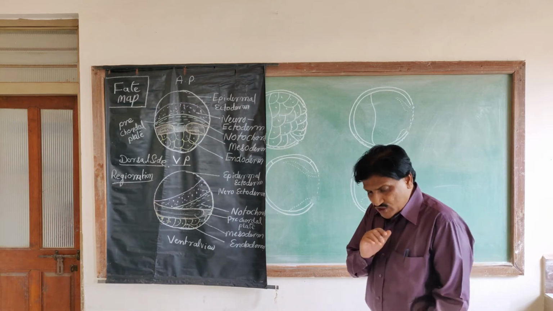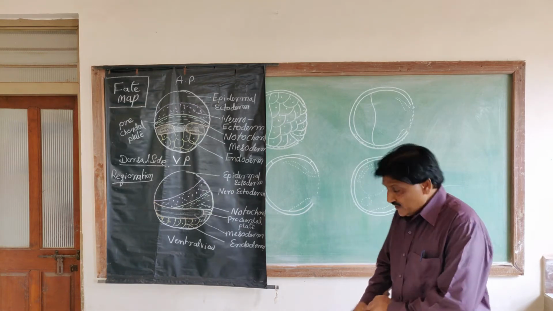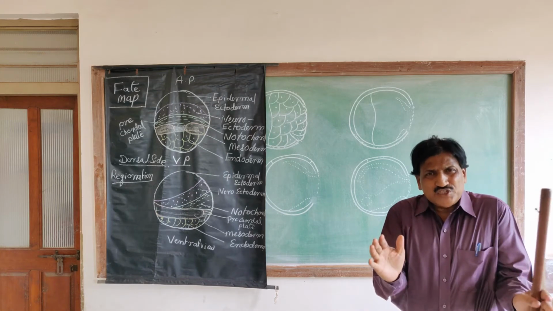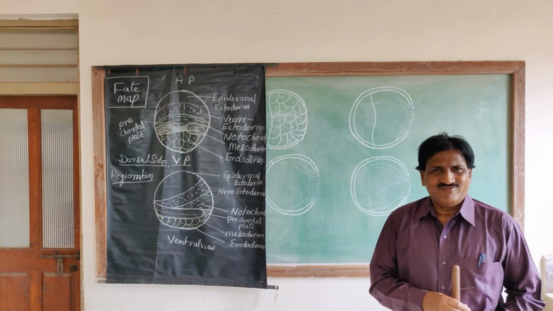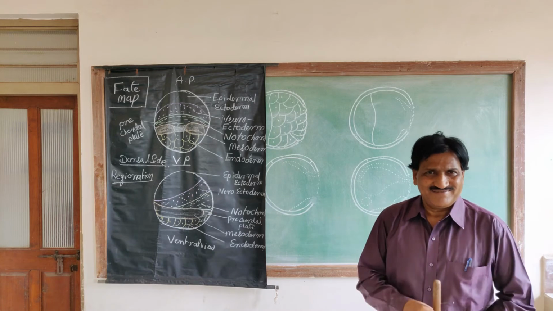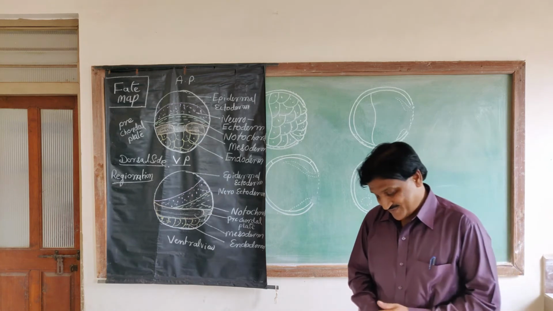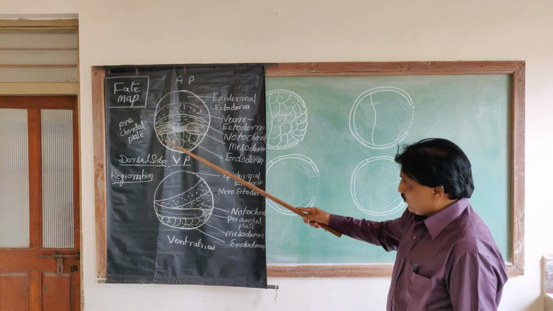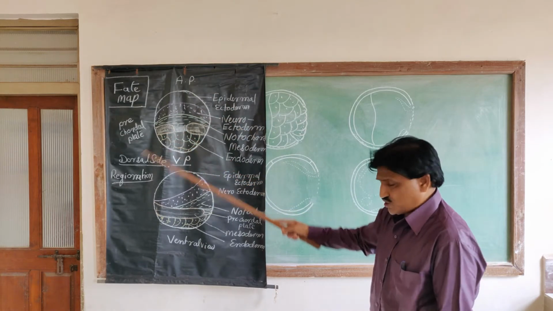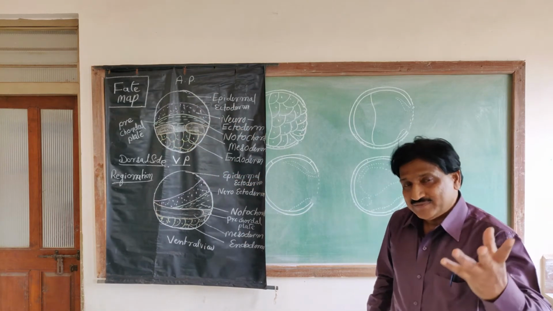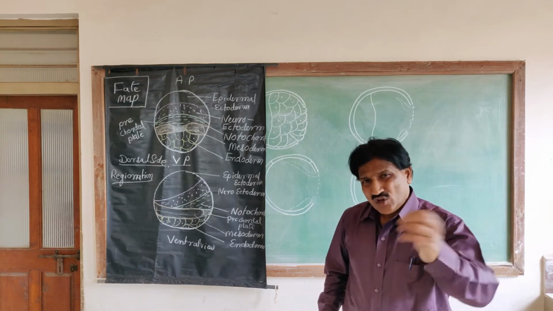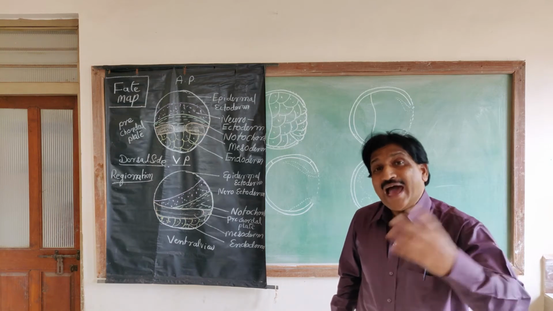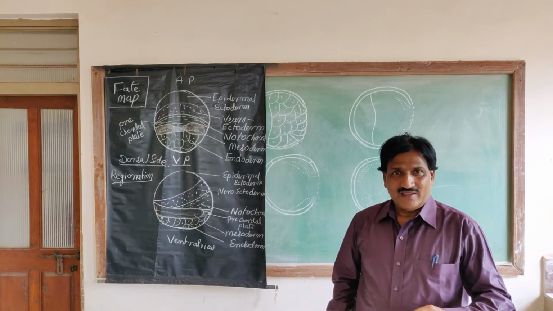Now I will start from the vegetal pole. It is easy to understand what areas are present at the vegetal pole. Here at the vegetal pole we can find large cells with yolk. They are also called yolk cells or macromeres.